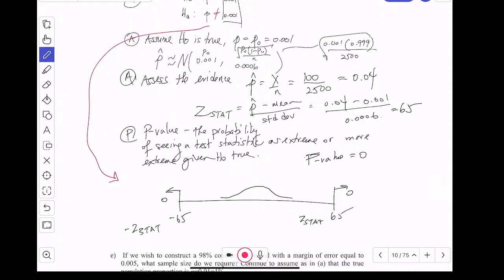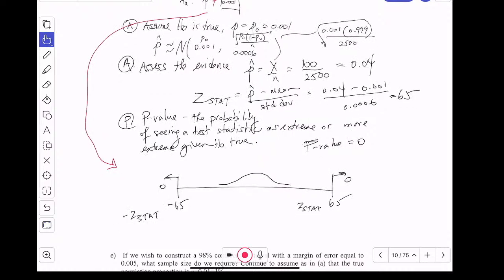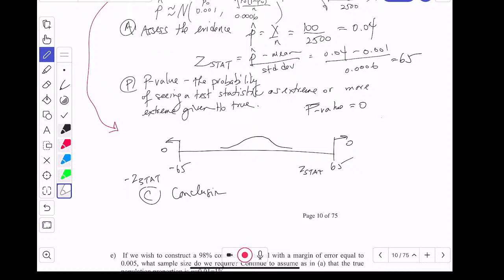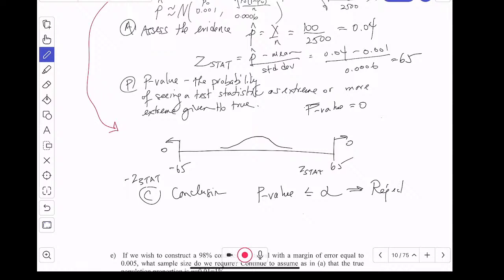So the concluding step. The concluding step is C for conclusion. You write: p-value less than or equal to alpha means reject H naught.